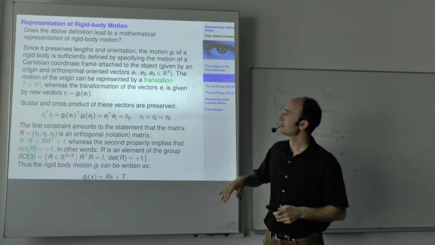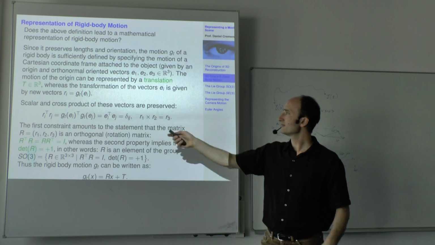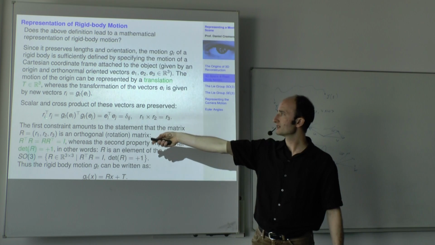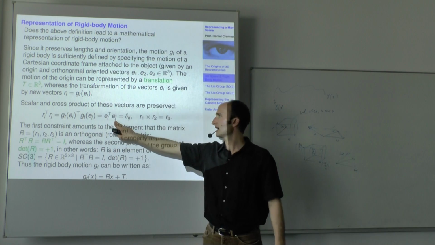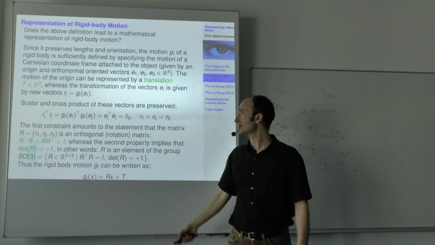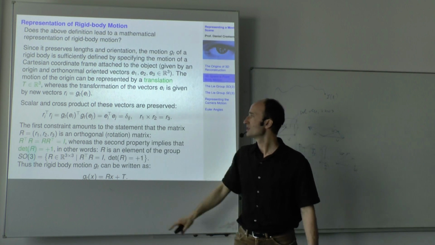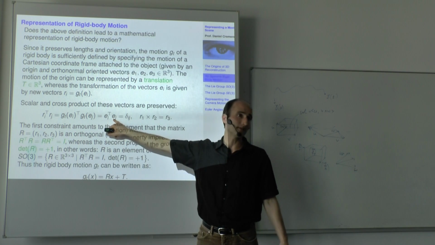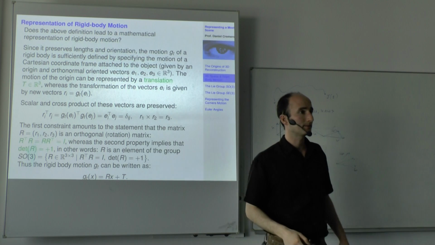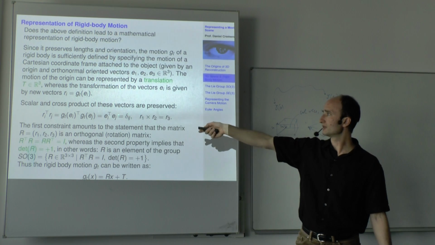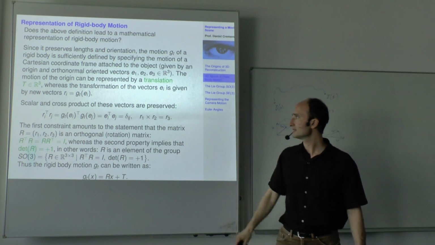In addition, now we said scalar product and cross products are preserved. That means if I take the scalar product of 2 R's, Ri times Rj, it must be the same as Ei times Ej, which is delta ij.